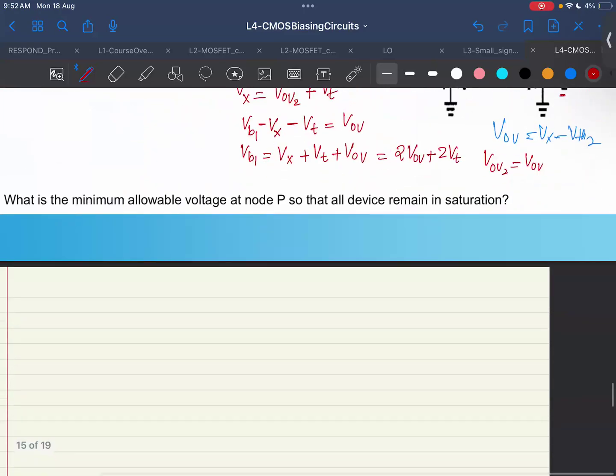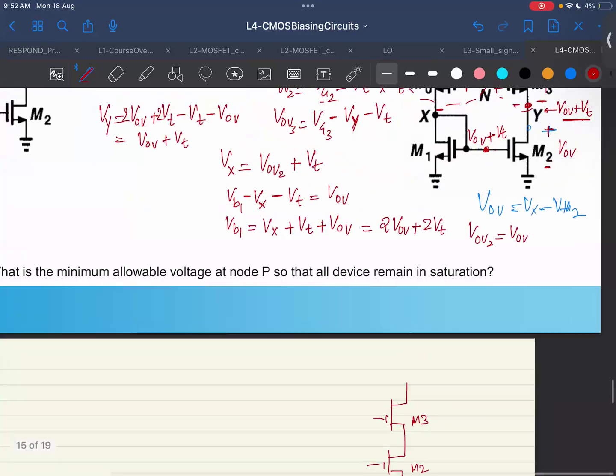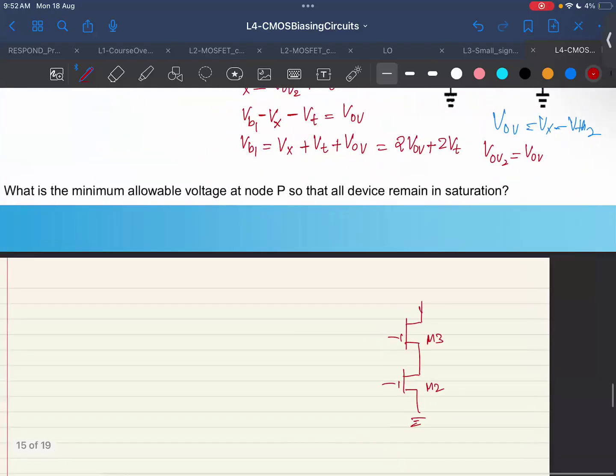So if I draw it again, this is your M2, this is your M3, right? Is it correct? Yeah, okay. This is the current I out which is flowing here. And now what we are saying, okay, this is okay. This we have already tied up to the diode connected, and we already have the minimum voltage here, which is VOV plus VT.